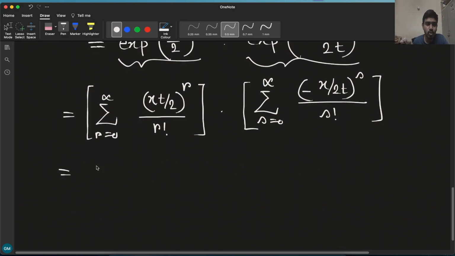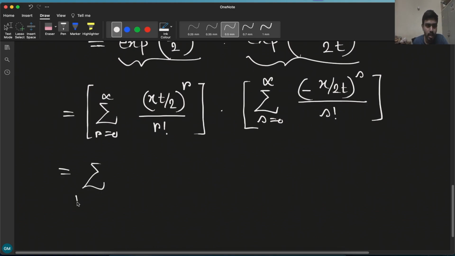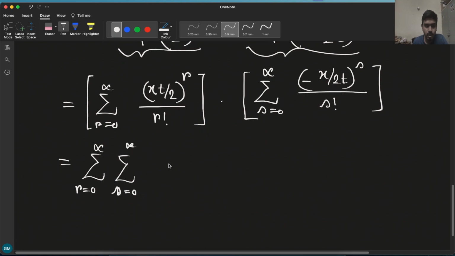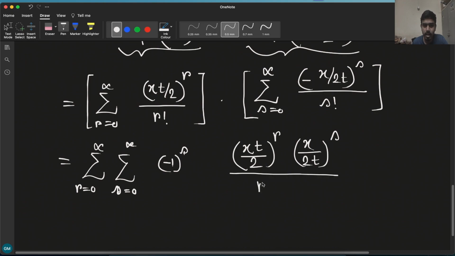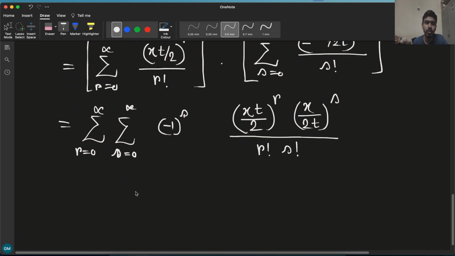Now if I multiply them, it will be the sum over r equals 0 to infinity times the sum over s equals 0 to infinity times minus 1 to the power s, because of this minus sign, times x t by 2 to the power r times x by 2t to the power s, divided by r factorial times s factorial.